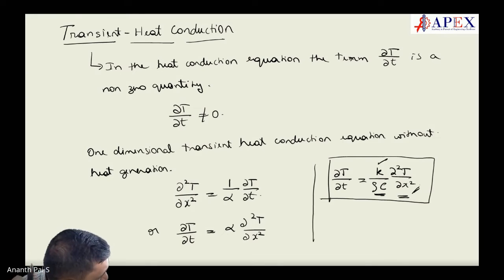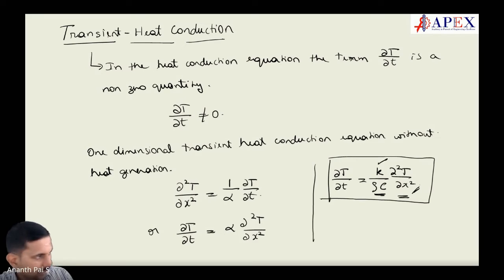T is a function of x as well as a function of time. So I'm putting dou. If it was only a function of x, then I could have put d. That happens in steady state condition. Right? Agreed? Done? Next.